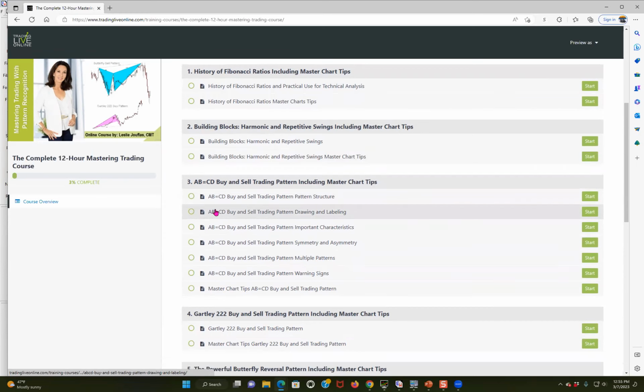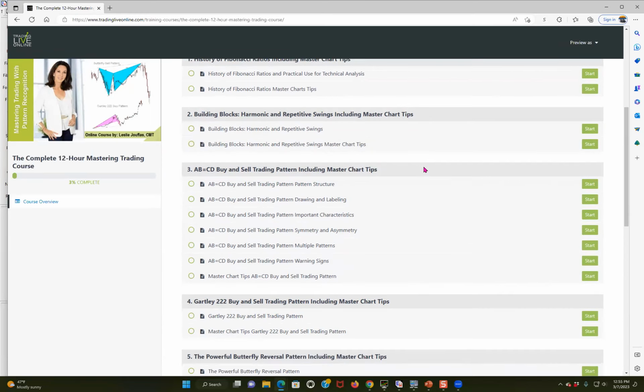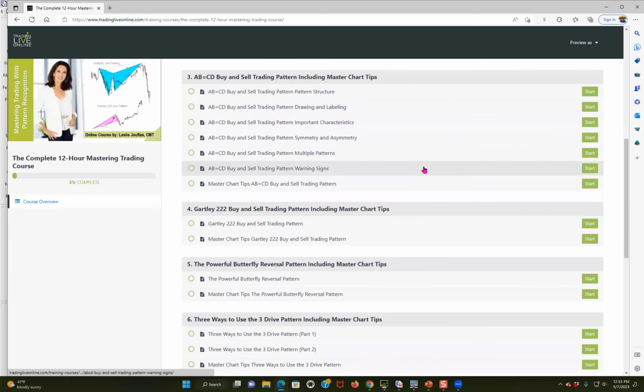Notice how many sections: 1, 2, 3, 4, 5, 6 sections and master chart tips on this, because this structure is so important to learn correctly that I broke it down into 6 sections. I think it also makes it easier for you to study, and to go back and find information when you want to restudy.